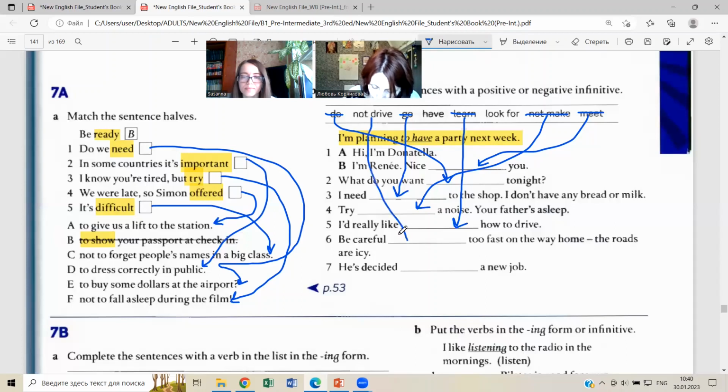The roads are icy. Yes, you're right. Not to drive. Okay. And the last one, number 7. He's decided to look for a new job. Yes, you are right. Absolutely correct.